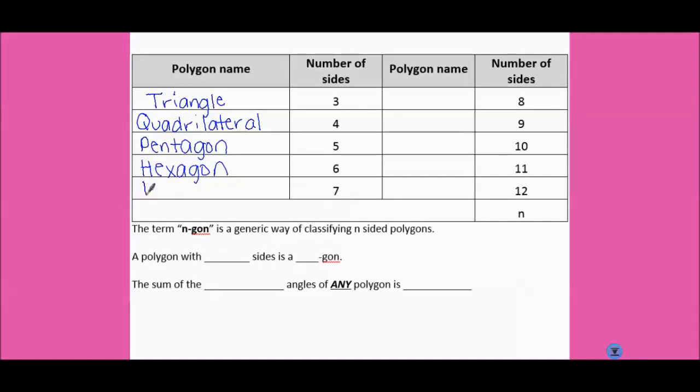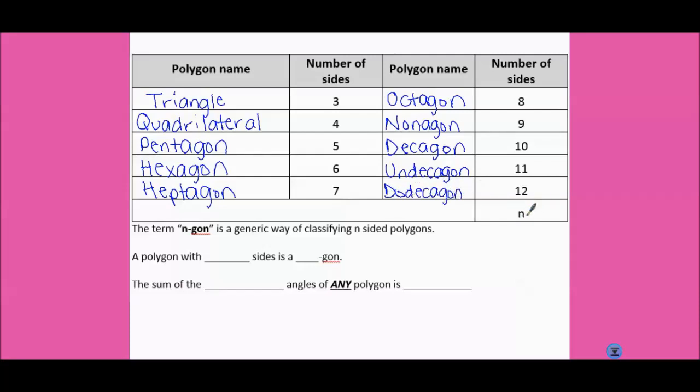A 7-sided figure is a heptagon. An 8-sided figure is an octagon. 9 sides is a nonagon. 10 sides is a decagon. 11 sides is an undecagon. And 12 sides is a dodecagon.